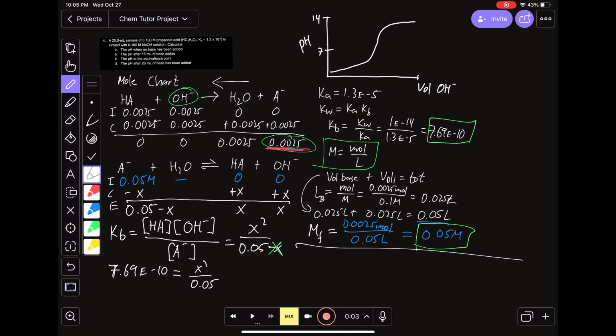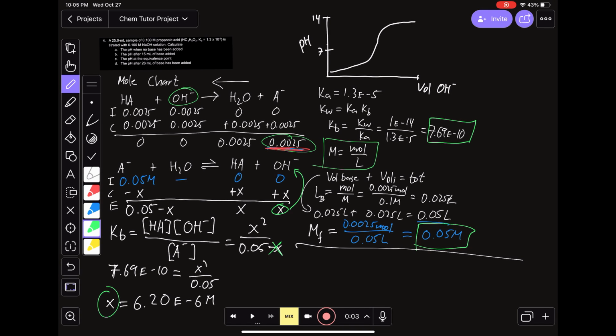I'm just going to draw a line here to separate our calculations. If you plug that into your calculator, you will get X is equal to 6.20 times 10 to the negative 6 molarity. X here is actually the OH concentration.